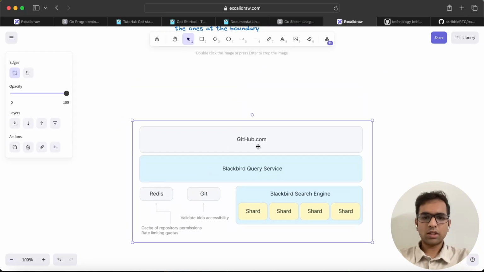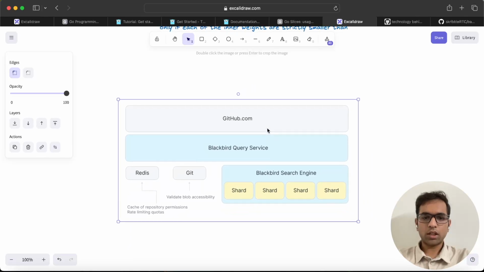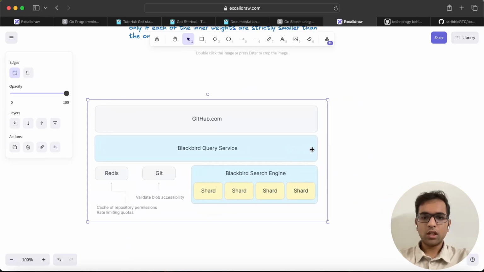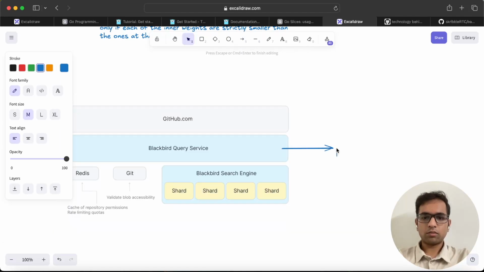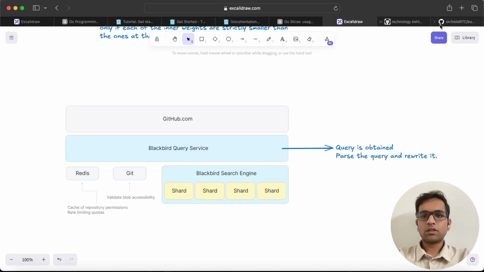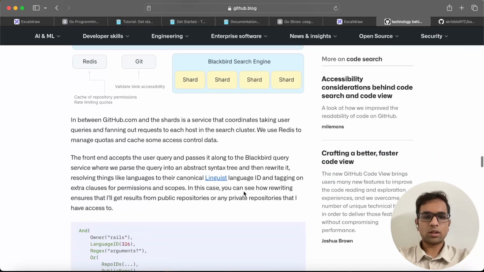What is done here is whenever a query hits the Blackbird query service, once the query is obtained, it parses the query and rewrites it. Now, how will it rewrite? That is also something that they have mentioned.